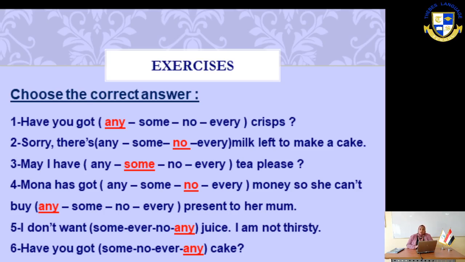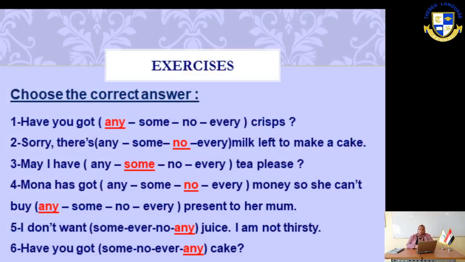She can't buy, this is negative form. That means I will use any. So she can't buy any present to her mom. Number 5, I don't want juice. I am not thirsty. Not thirsty here means I don't want, that means negative. So I will use any. I don't want any juice.